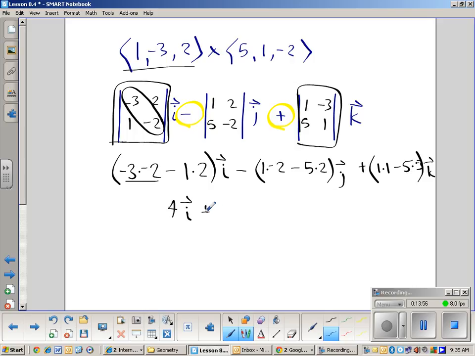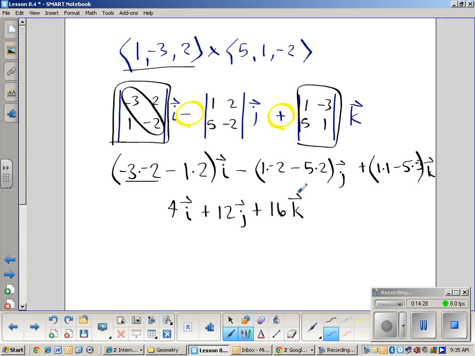Minus a negative 12 is plus 12j, plus, it's going to end up being a negative. 1 minus, oh no it's not, it's still plus. 1 minus a negative 15 is plus 15, so that's 16k. So that represents that vector.